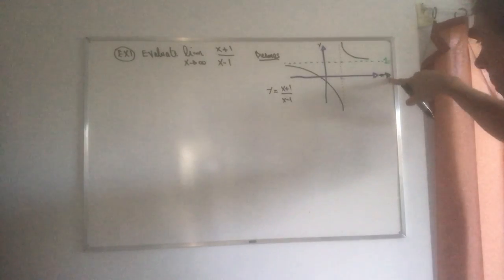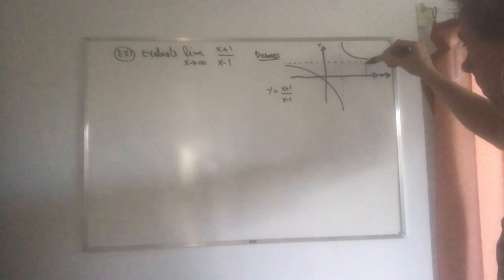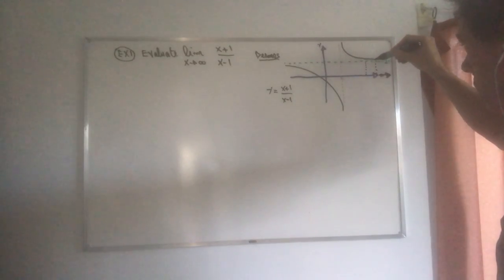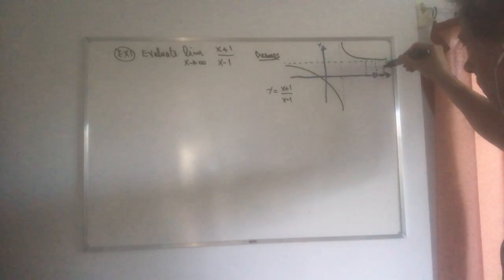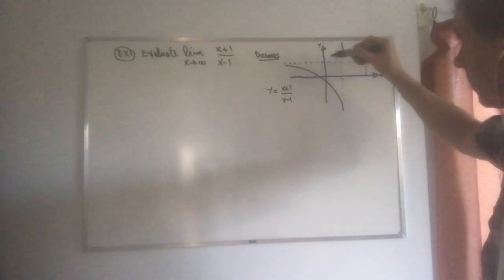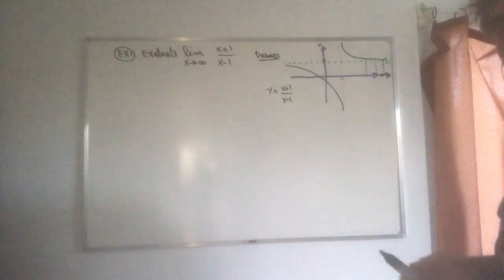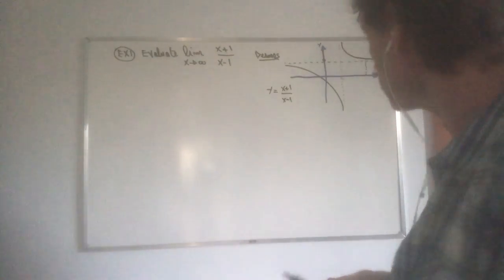Well, as you look here, if you're here, that's the y value. If you're here, that's the y value. And if you're there, that's the y value. So these y values are getting closer and closer to the horizontal asymptote.